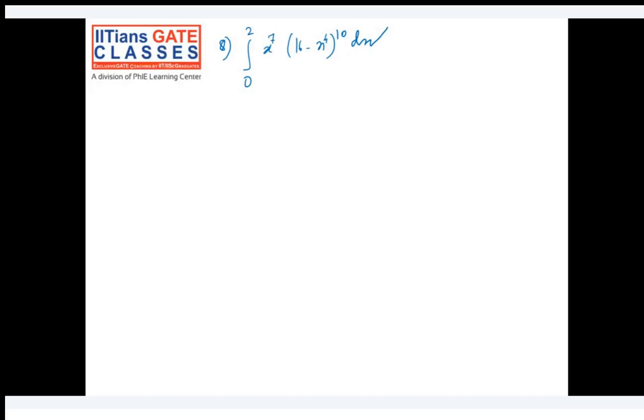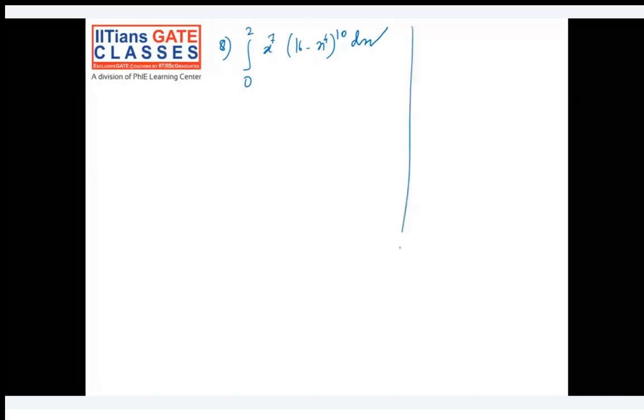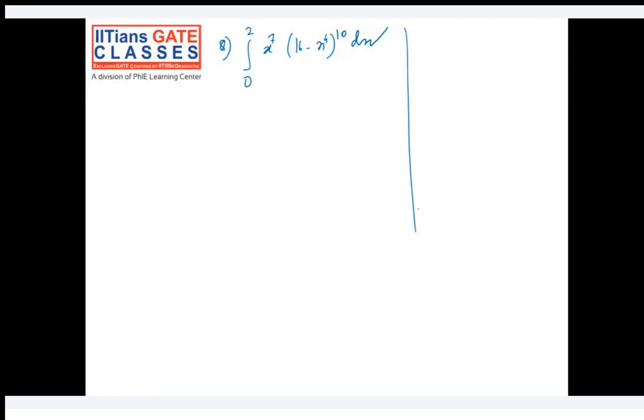Can you compare this with the form integration 0 to 1 x raised to the power m minus 1, 1 minus x raised to the power n minus 1 dx, which is beta m comma n.